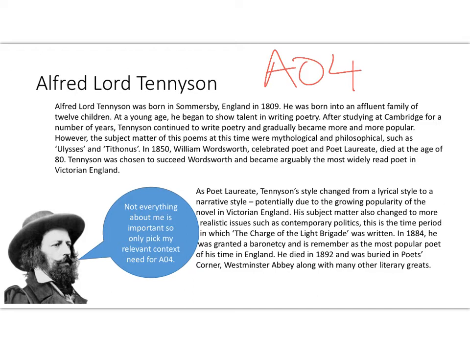Take your time to do that, but really what we're thinking about here, folks, will be about 3 things, no more than that, that we can take from this particular AO4 slide, concentrating on biographical context. So take your time to read through it and maybe highlight 3 things that you think might be important.